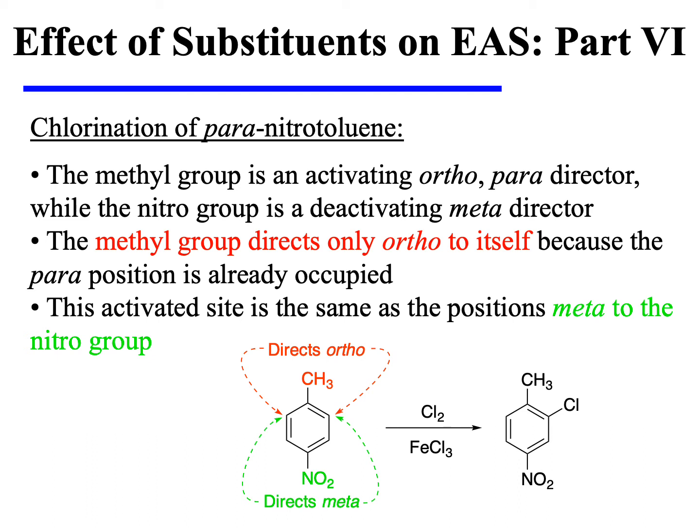The methyl group directs only ortho to itself because the para position is already occupied. And this activated site is the same one that is meta to the nitro group. Therefore, the position at which a subsequent EAS reaction will take place is evident.